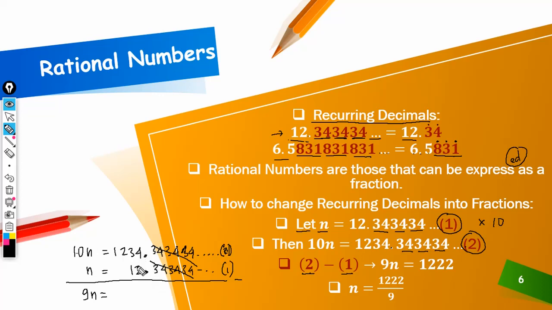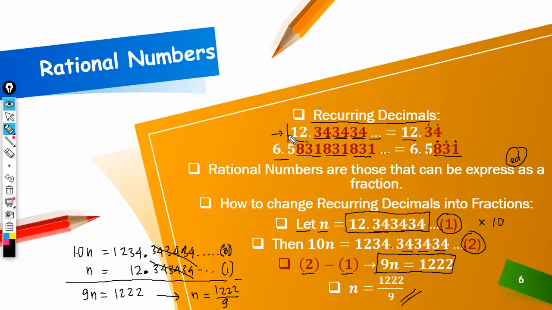Now 4 minus 2 is 2, 3 minus 1 is 2. So we get 9n equals 122, and from this we can get n equals 122 over 9. So this is the fraction of this recurring decimal.